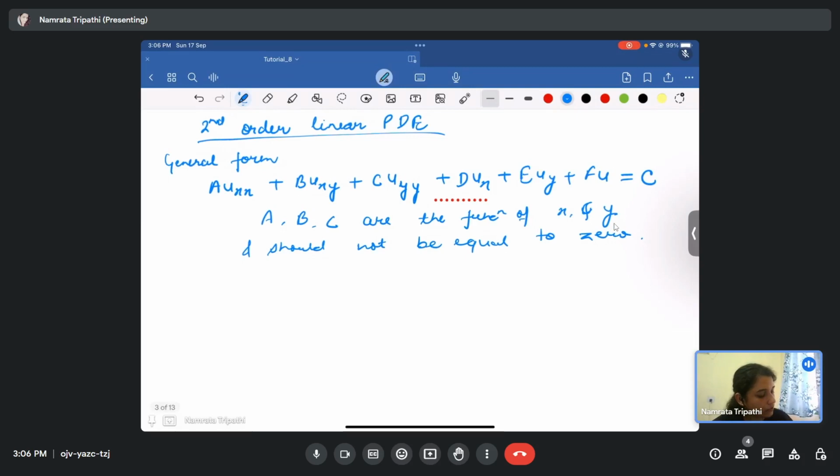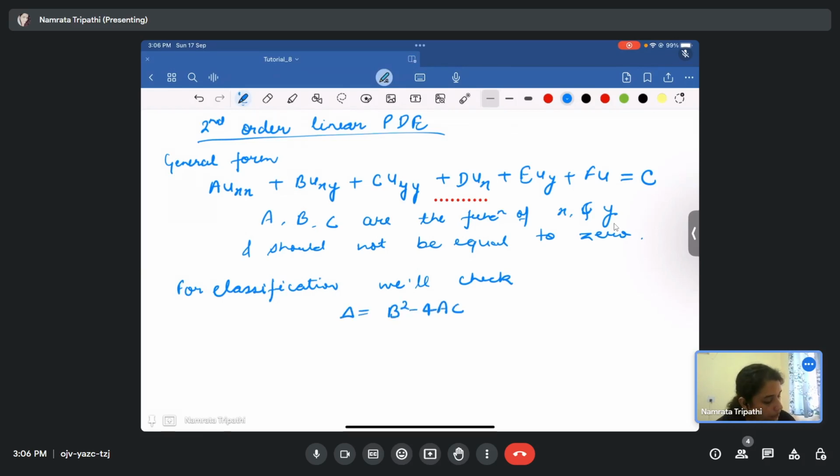Okay, now for classification, we will check the discriminant b square minus 4ac.